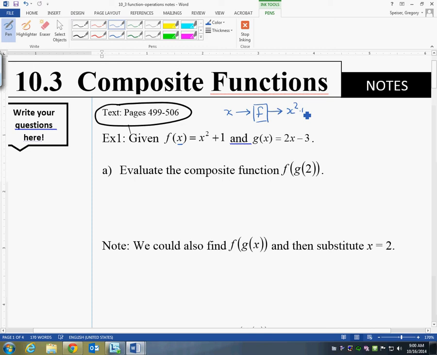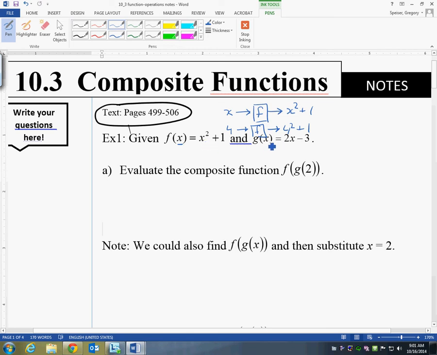X squared plus 1. So if I put something into f, that something gets squared and 1 is added to it. Let's say I plugged in a 4. If I put a 4 into f, what comes out is 4 squared plus 1. So whatever I plug in here, I'll replace my x over there.